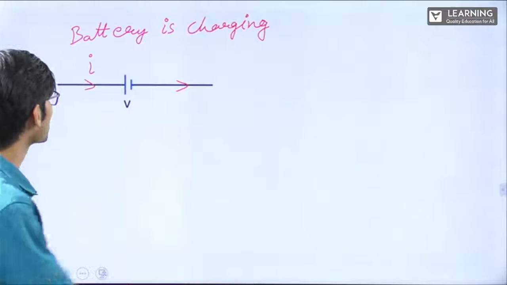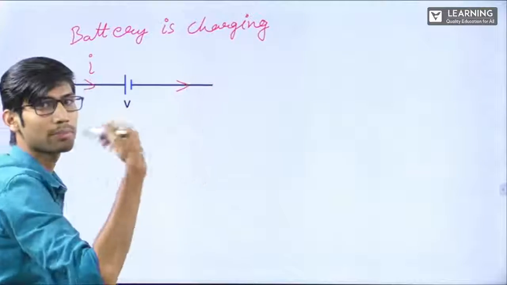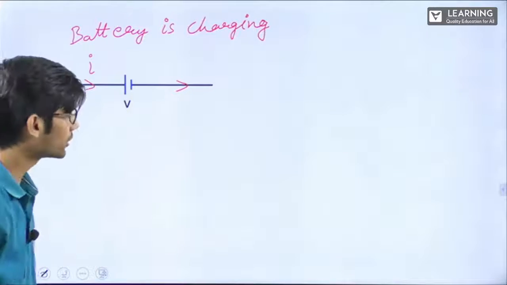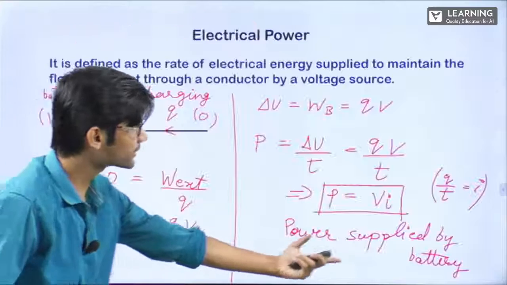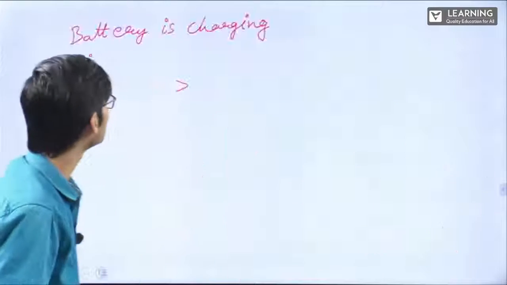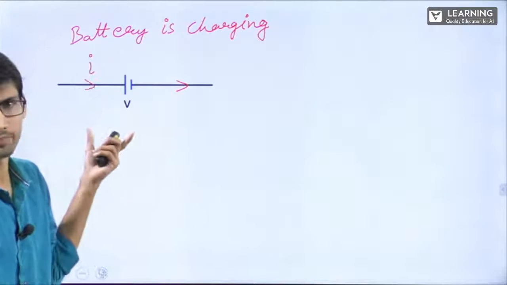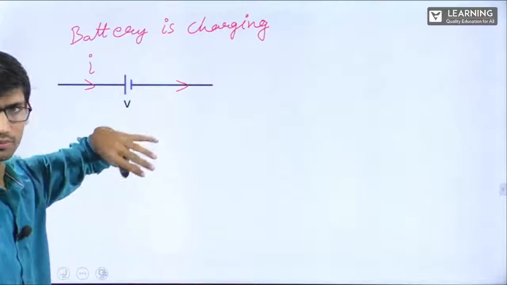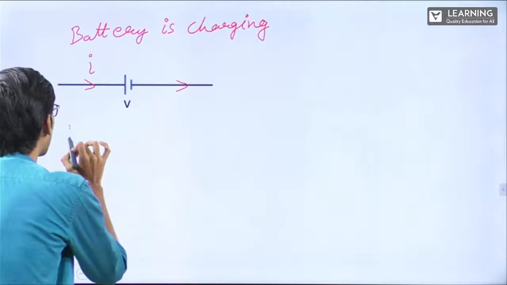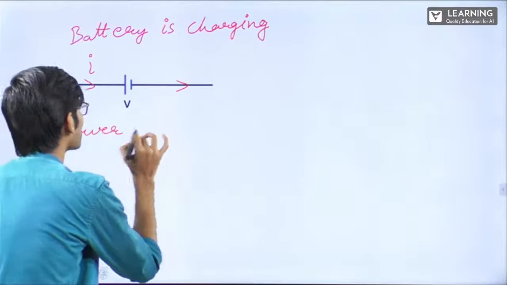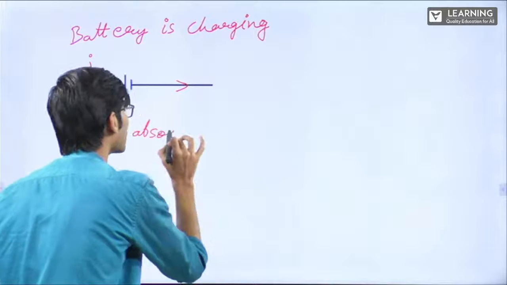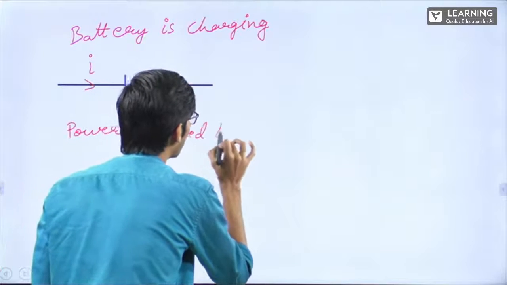So when this is getting charged, then what is the power? It is absorbing. So here, when it is discharging, it is supplying the power. When it is charging, it will absorb the power, or the power will be dissipated here from the bigger source, right? So now, power absorbed by battery we have to find.